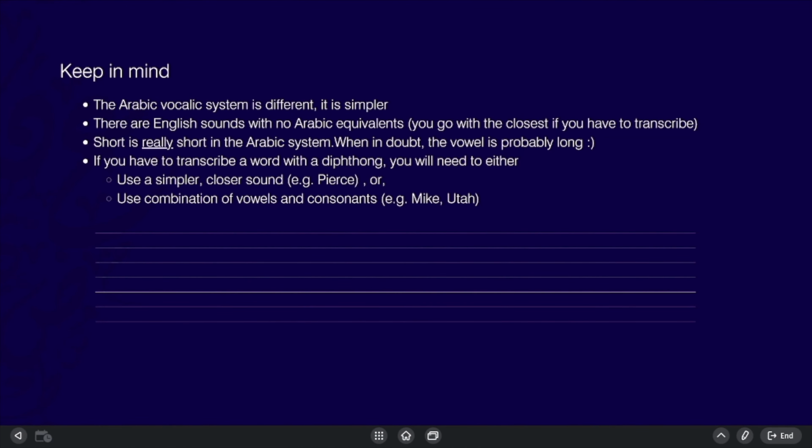Now keep in mind, the Arabic vocalic system is different. It is simpler. There are English sounds with no Arabic equivalent, so you go to the closest you have to transcribe. For example, if you say Baker, Mr. Baker, there is really no equivalent sound to A in Arabic.